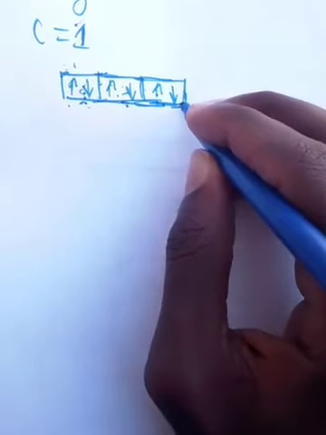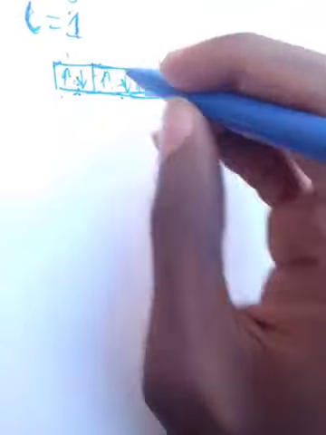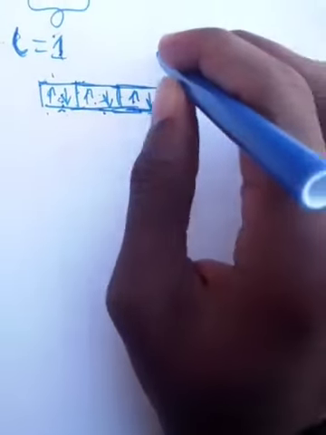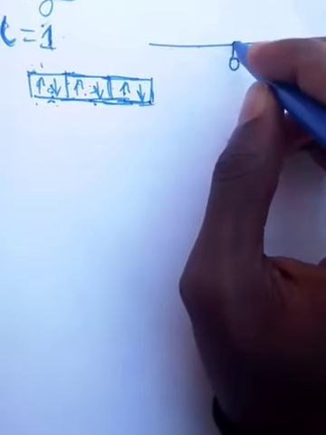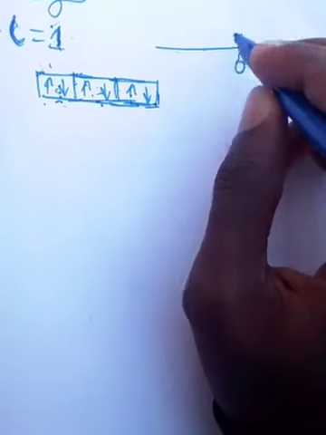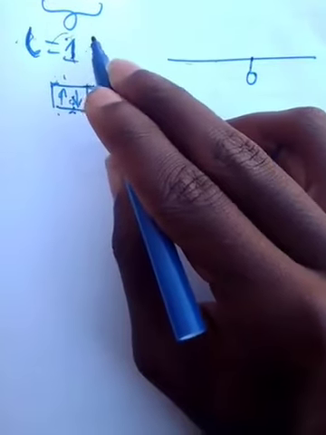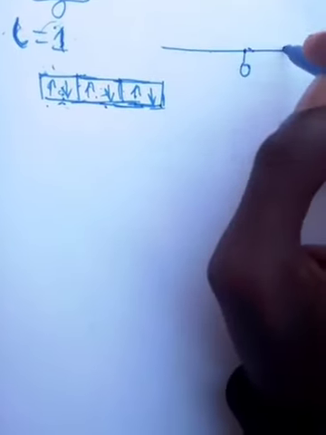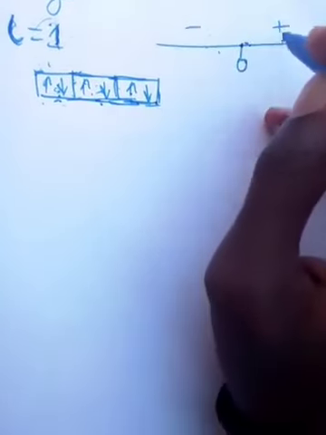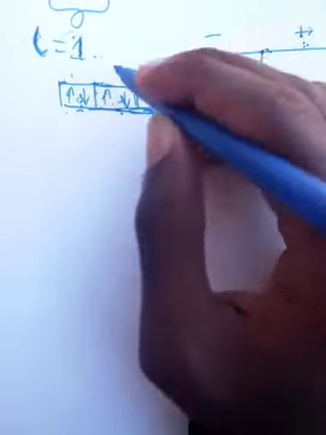Now, how do you give it a number? What you do is get your L, or your angular momentum number, which in this case is 1. Draw a number line. Start at 0. First you move to the negative side till you reach -1, and you also move to the positive side till you reach the positive of the number you have.